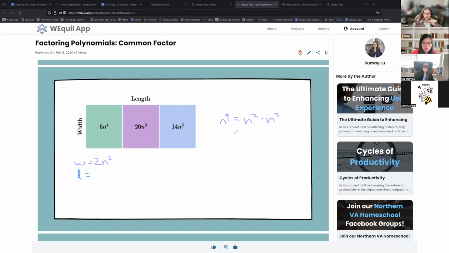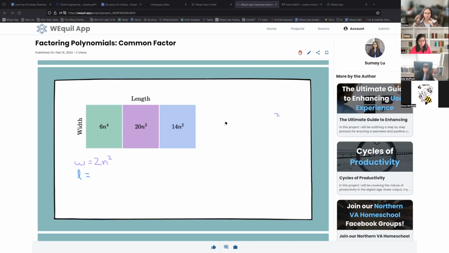And then write down another, n to the power of 3 equals n squared times n. And then n squared is equal to n squared times 1. Therefore, the largest common factor of these 3 is n squared. Does that make sense, Isla? Yeah. Okay. Thanks, Mommy. Yeah, great explanation.